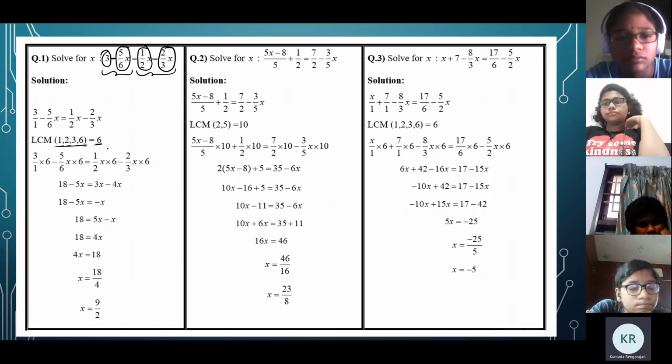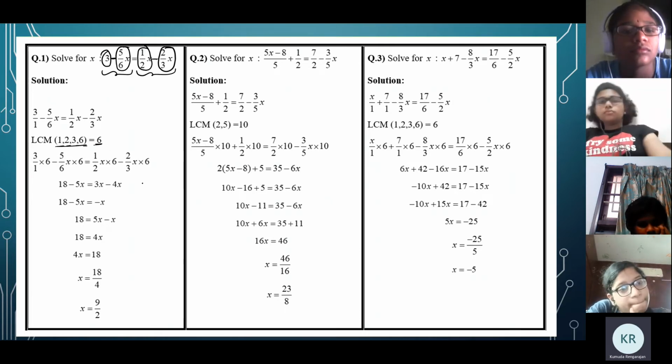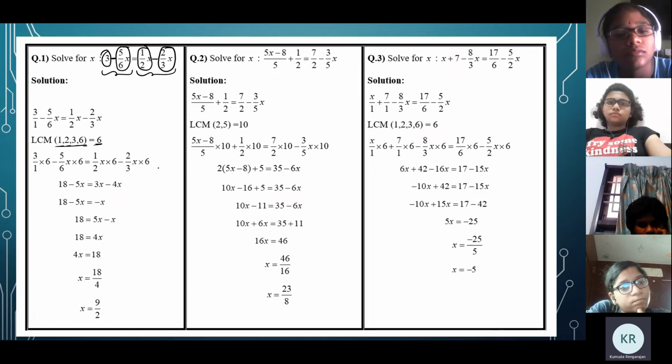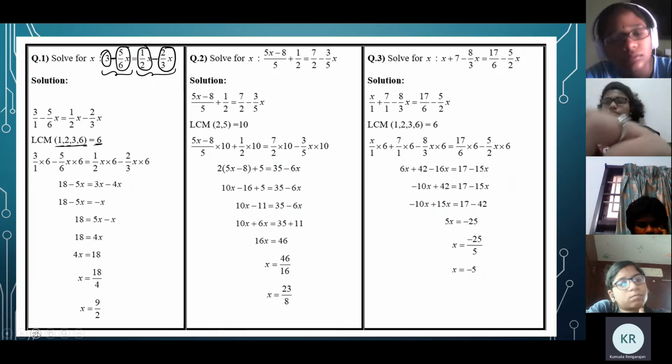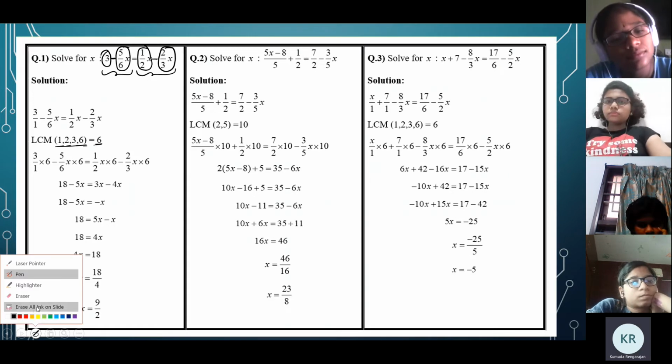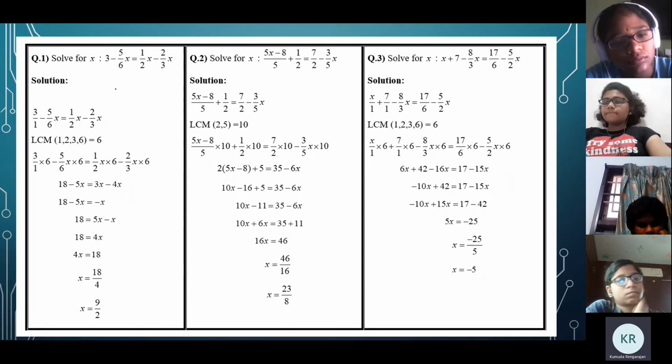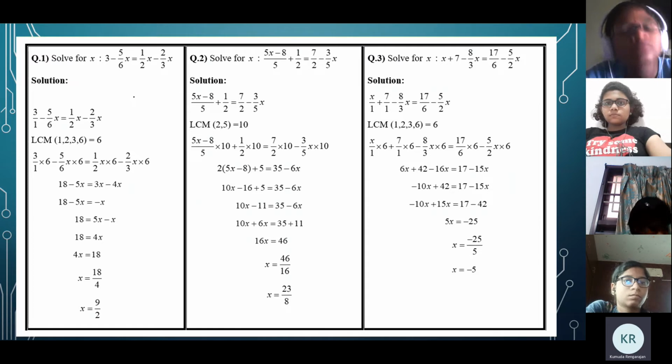Now, next, what are we going to do? We are going to multiply every term by the LCM 6. 2 terms we have in the left hand side, 2 terms in the right hand side. So see here, 3 by 1 is a term, multiply by 6.